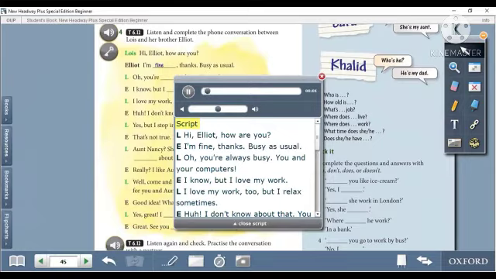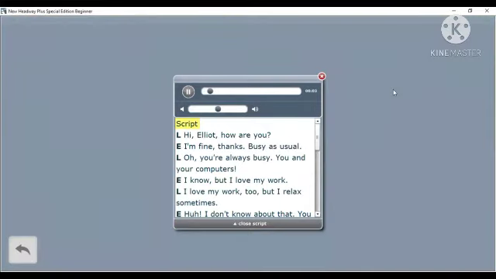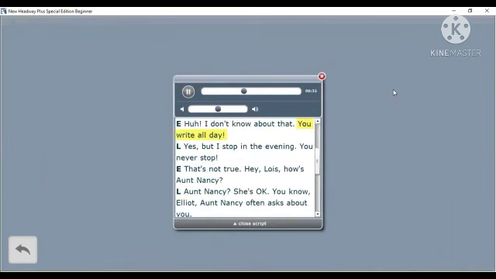Tape script 6.12. On the phone. Hi, Elliot. How are you? I'm fine, thanks. Busy as usual. Oh, you're always busy. You and your computers. I know, but I love my work. I love my work too, but I relax sometimes. Huh, I don't know about that. You write all day. Yes, but I stop in the evening.